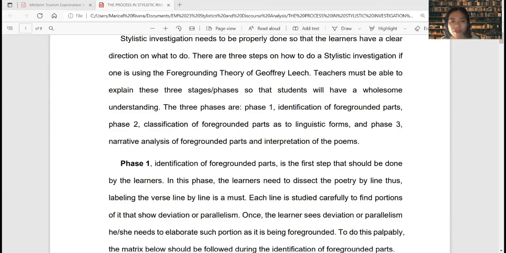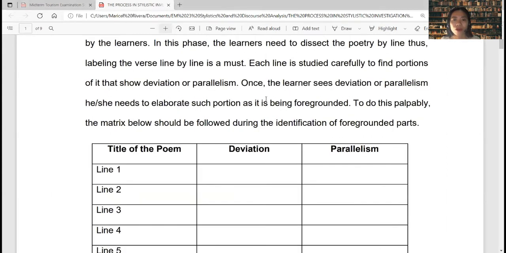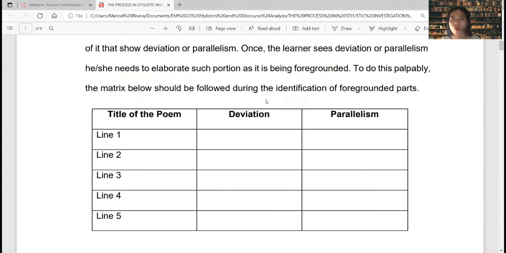So I believe it's shown here. For example, the poem that you are investigating is composed of 5 lines. Okay, let's say it's a micro poem, so it's really a short poem, diba? So it is composed of 5 lines. So if it is composed of 5 lines, that means you have to create like this.